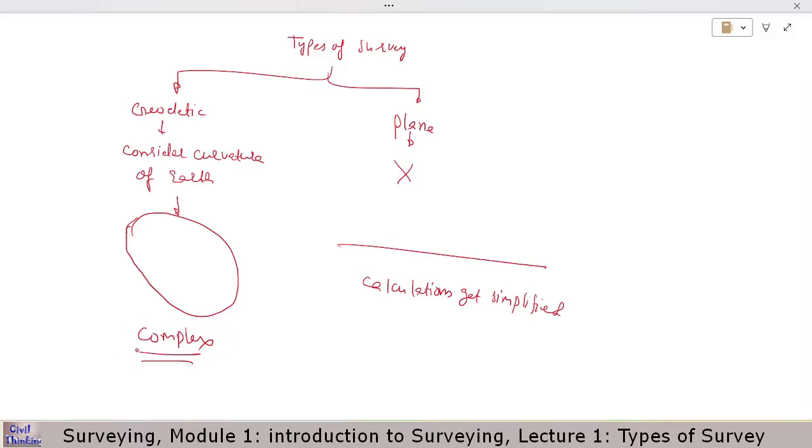Because of this, nowadays, as our technology is improving, most surveys are geodetic surveys. But in the early times, or still in countries where there is not much technology, they stick to the plane.